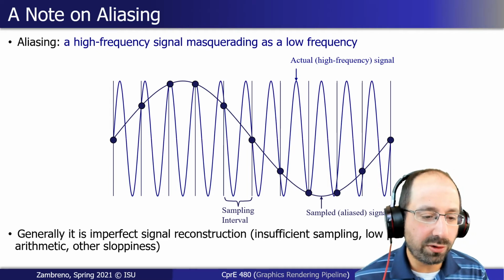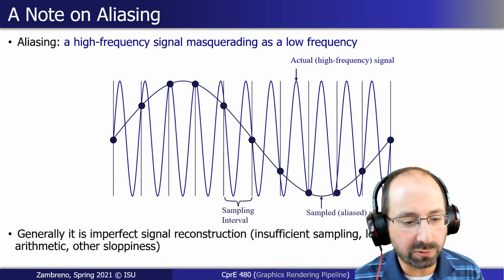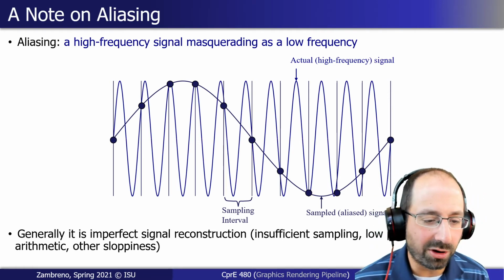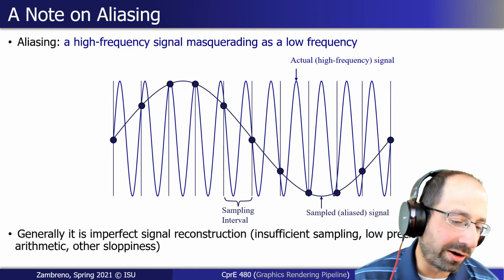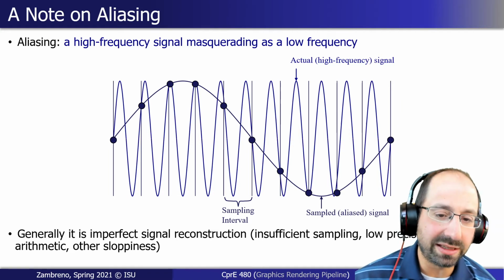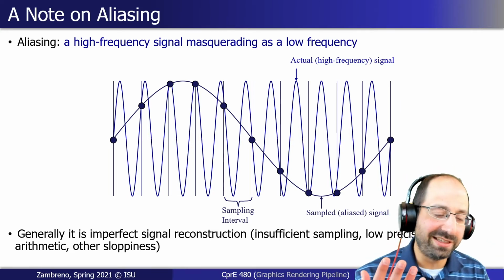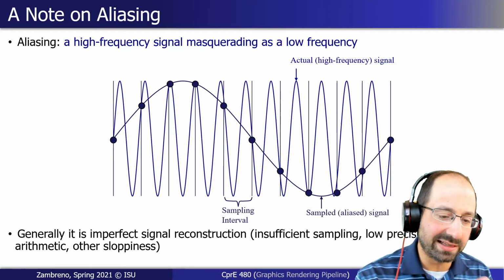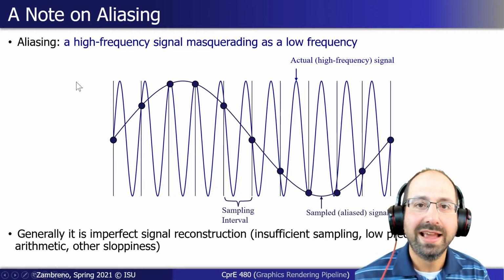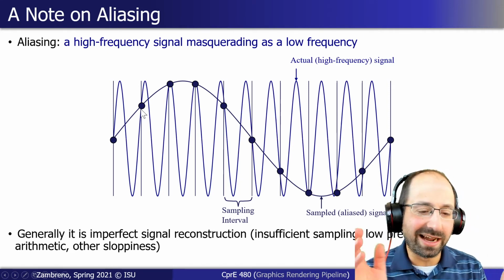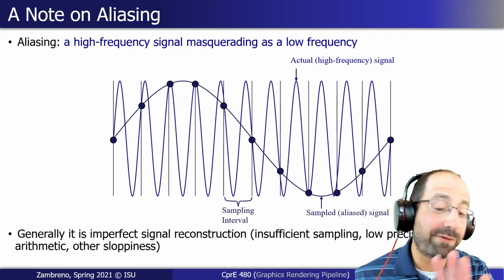Any of you who've taken a W224 style class, or even just have any interest in audio, may be aware of fundamental issues of sampling a signal and potentially having a high frequency signal kind of being hidden away as a low frequency signal. So if I have my high frequency sine wave here and I'm only sampling it at a certain rate, and that sampling is not at the Nyquist rate, it's not fast enough, we'll just say.